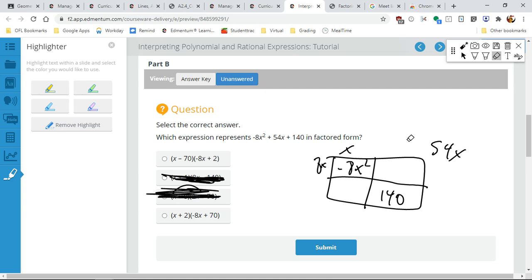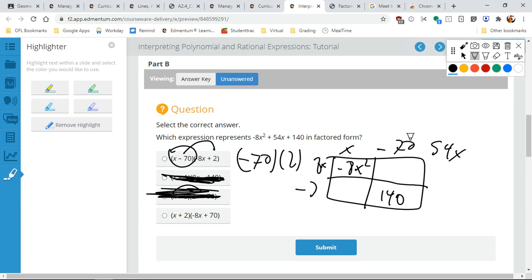Cool. Another thing I know won't work is this one. This one doesn't work because of -70 times 2. So if I put -70, oops, I'm supposed to put -70 over here. Basically I'm matching this with this, and then I'm matching this and this.